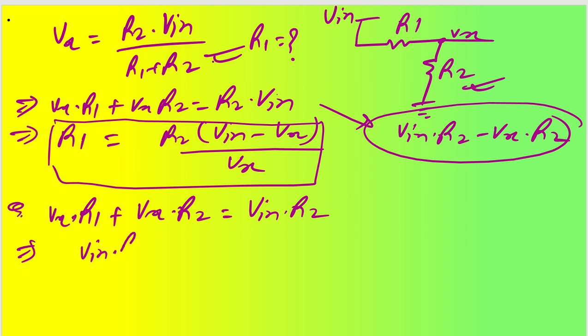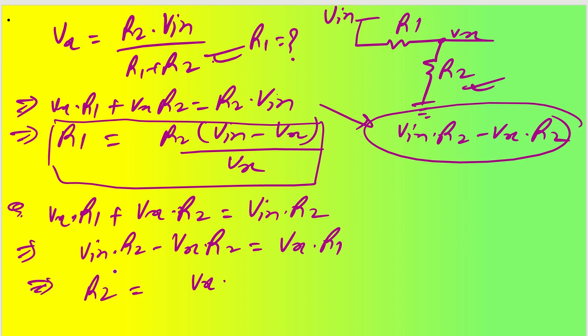V in into R2 minus Vx into R2 is equal to Vx into R1. So I took Vx into R2 to the left side. From here, R2 is equal to Vx into R1 divided by V in minus Vx. So this is another formula.